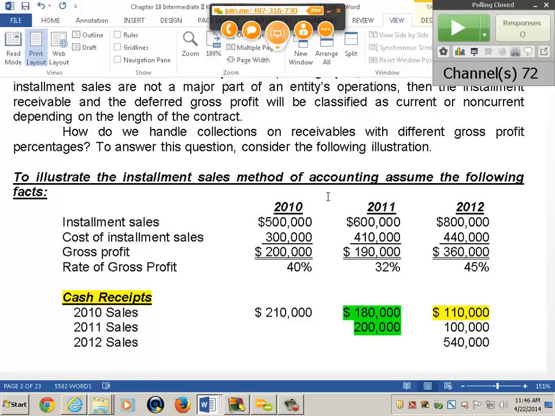Under installments, $84,000. So the cost recovery method tends to be a lot more conservative. Tends to be, not always, but it tends to be. Okay.